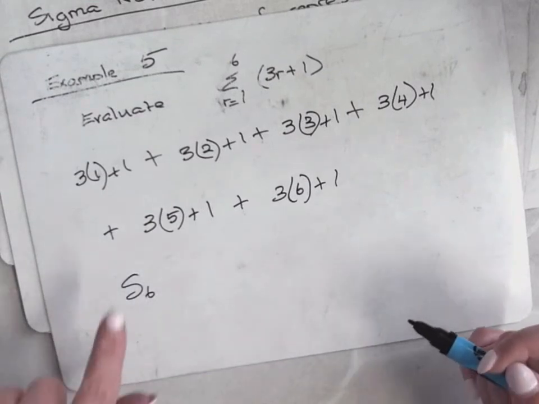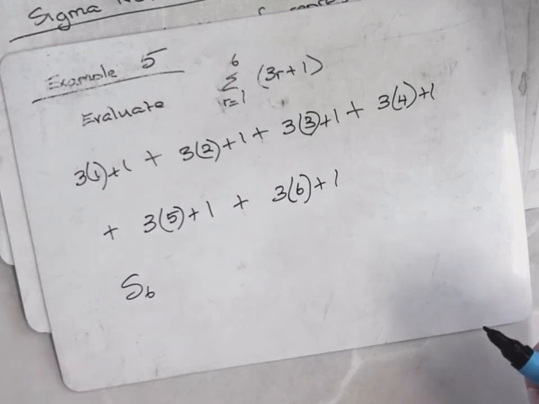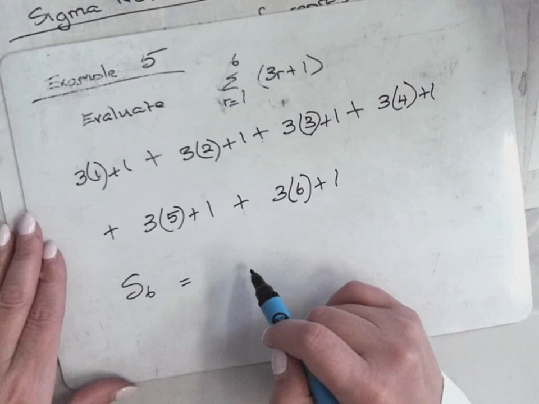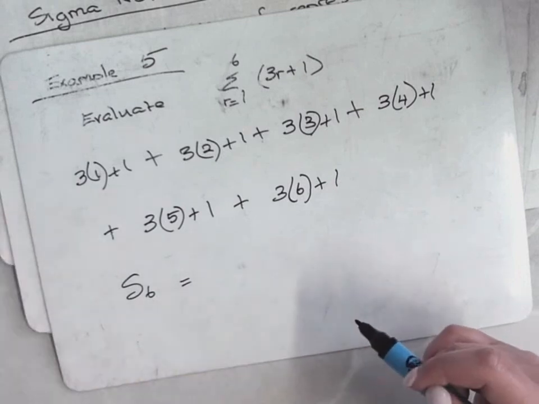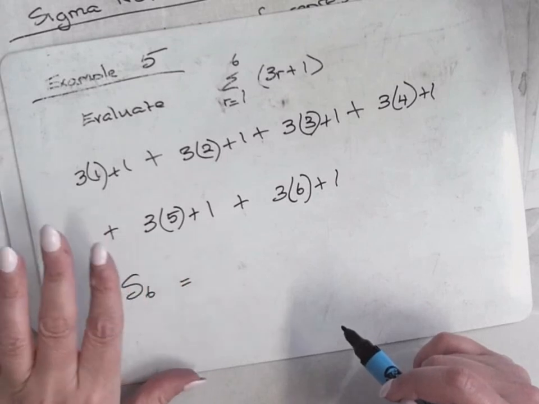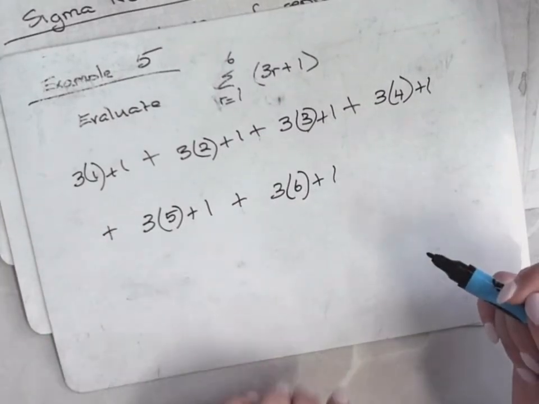You can do it out the long way, sometimes it's shorter to do it out that way, or you could just use the formula for S6. You'd probably have to write out a few terms to get the a and the d, so I'll just work it out this way.